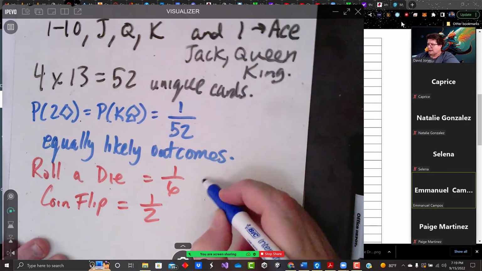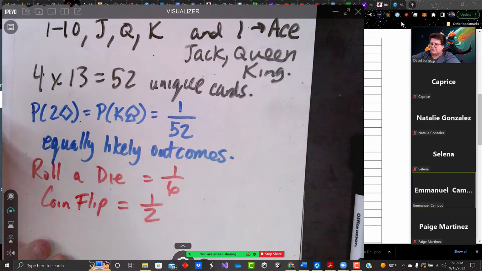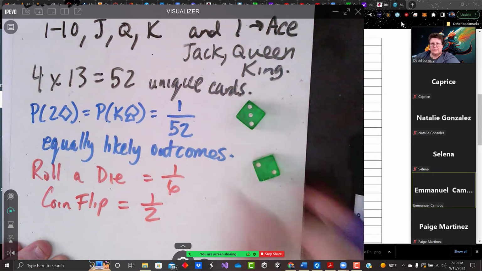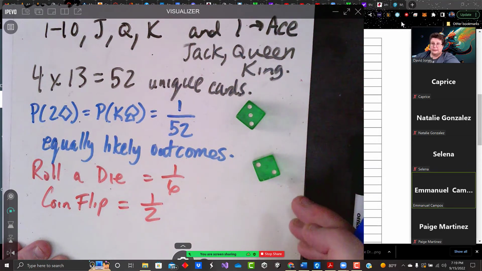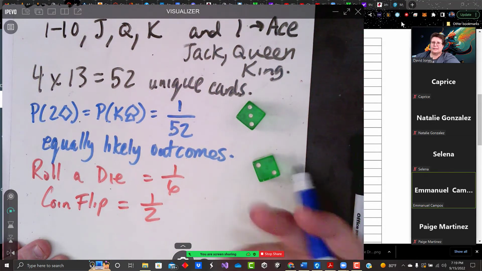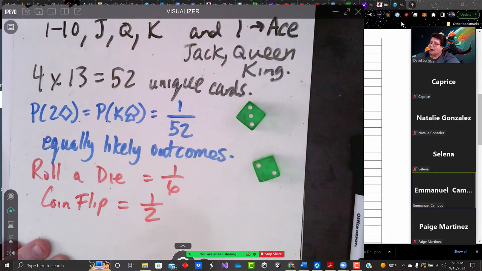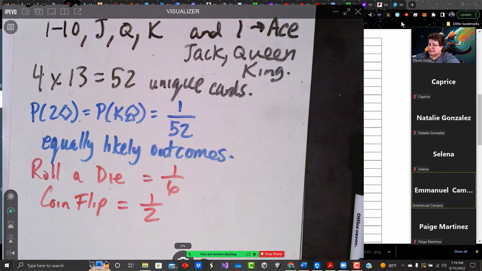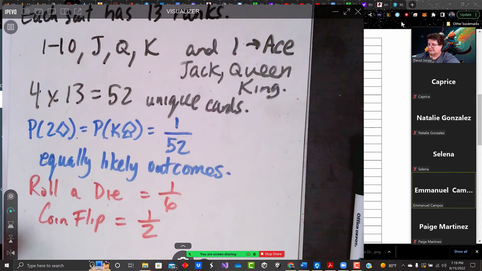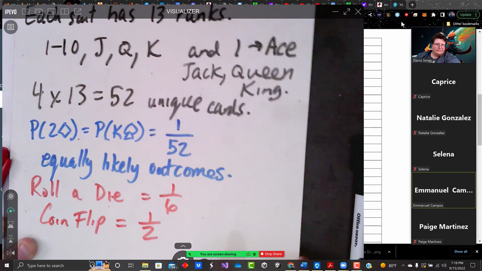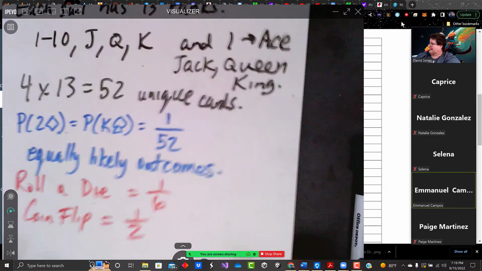Yeah, because there are 6 different sides to the dice, and each outcome is equally likely, unless the dice are weighted. People have made cheater dice where one side's heavier and so that side lands on the bottom more. But in regular dice, they're equally likely. I thought those were a different method, like empirical. No. Okay. Awesome. Thank you.